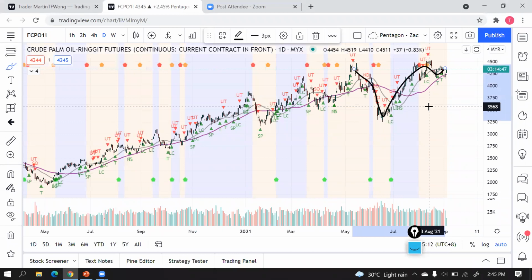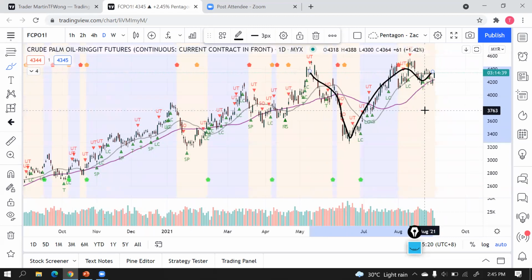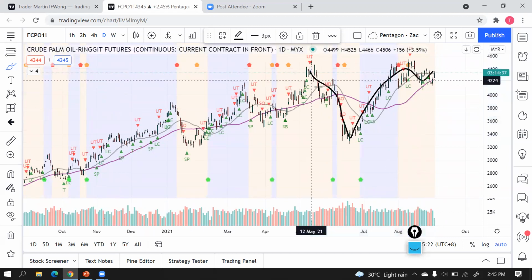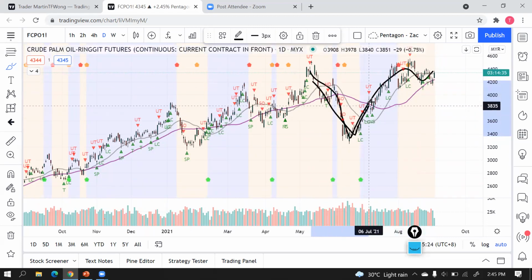I watch a lot of stocks most of the time, so for stocks usually they make two tests. This one dropped below 2040s, crossed, seems like they are testing around here. So far so good because it's above 2040s.